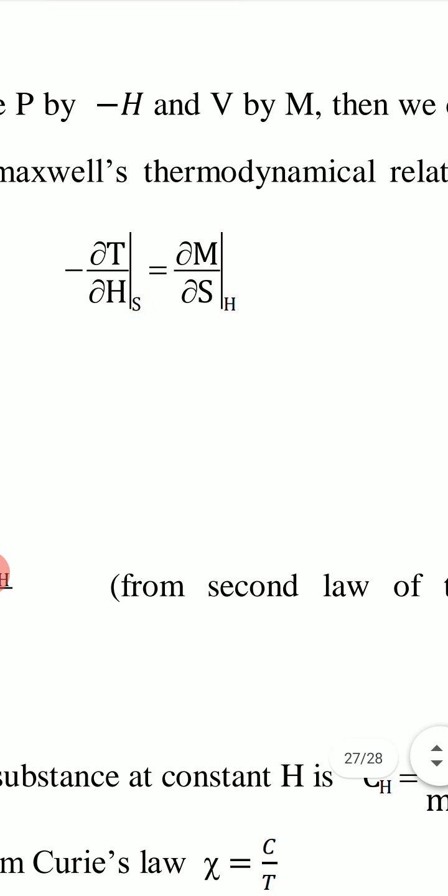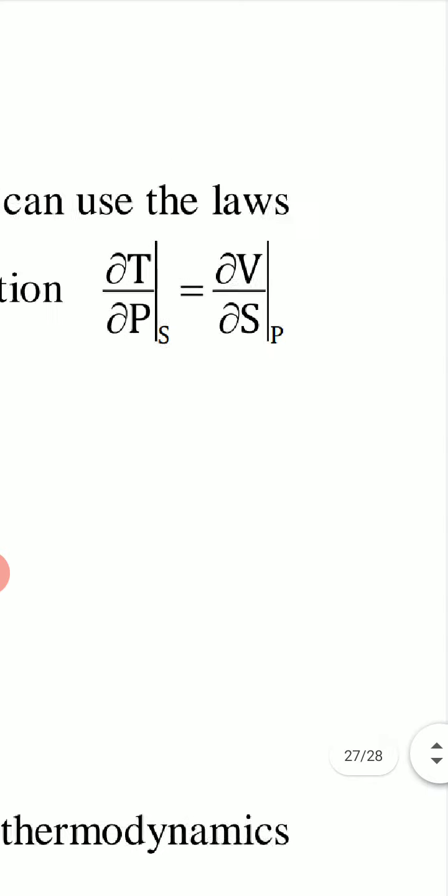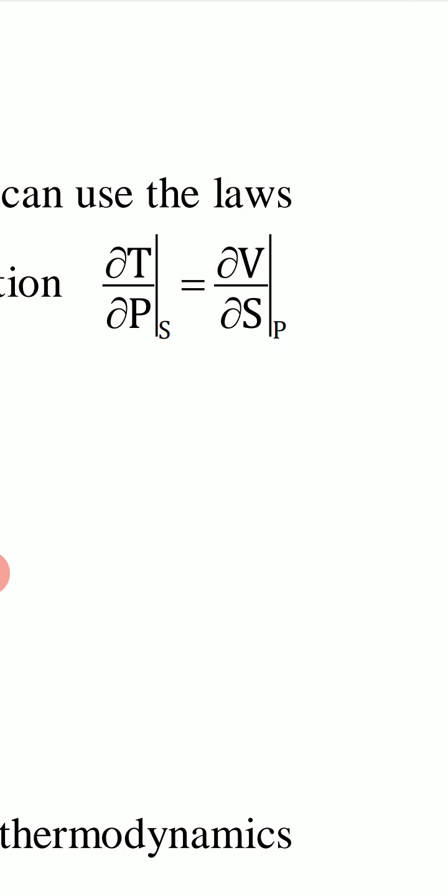In Maxwell's thermodynamical relation, we will use this Maxwell's relation. Delta T upon delta P at constant S equal to delta V upon delta S at constant P. Remember, the Maxwell's thermodynamic relations are relations between four thermodynamic variables.